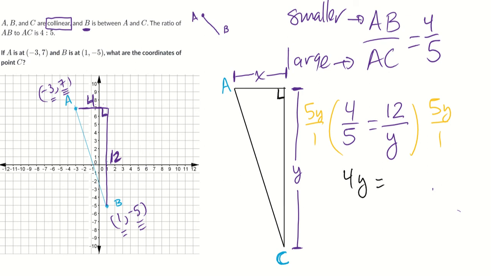And on the right-hand side, when I multiply that, I end up getting the number 60. And if I divide both sides by 4, I see that y is the number 15. So this change, this value along y, is 15 units. So basically, I now know before I was going down 12, I need to go down 15 units, and I'm going to be on the line, right? I'm going to be on the line where point C is.